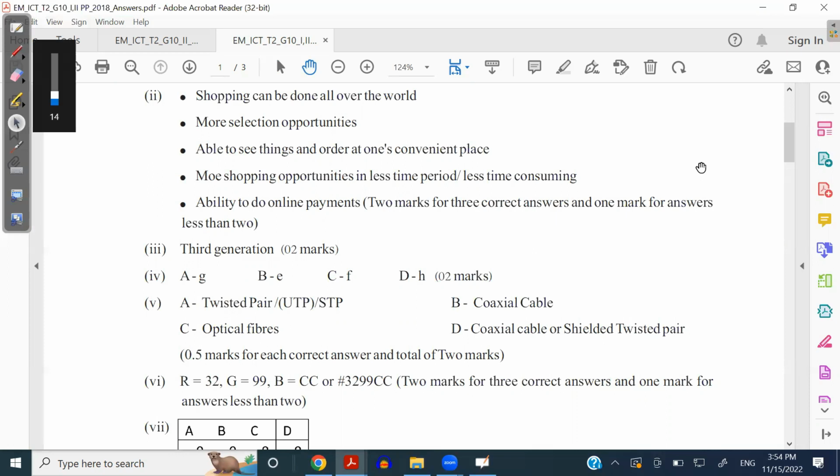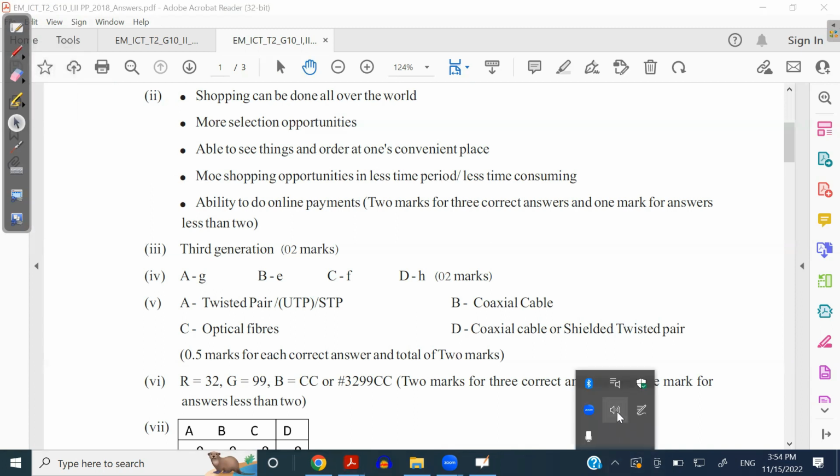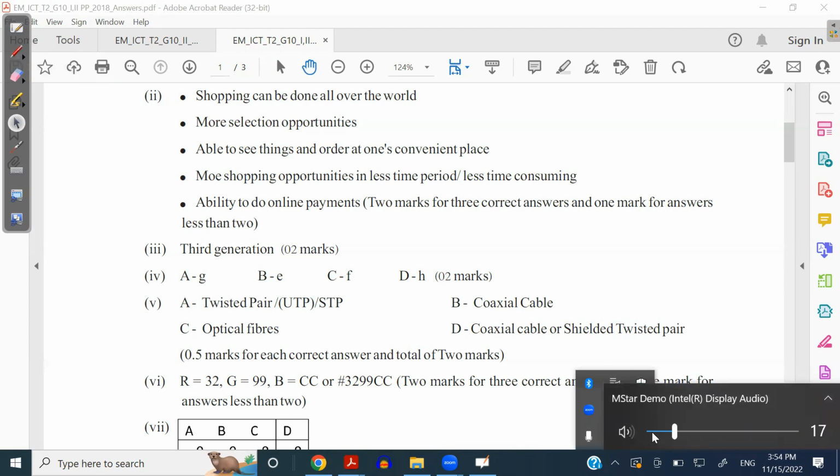Sir, for disadvantages, can we write that sometimes the item that we preferred was not available? When doing online shopping, when we choose an item, later we did not get the preferred item.